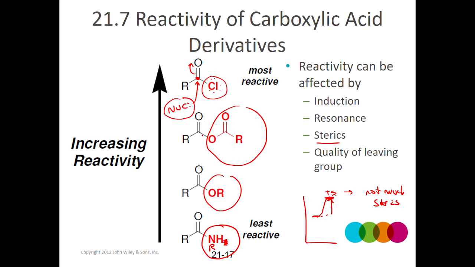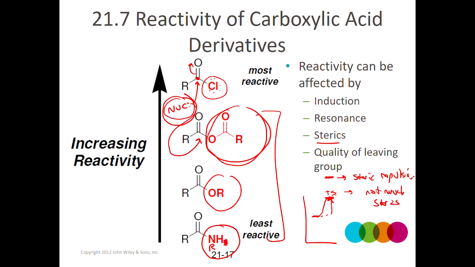It's not just going to block it, but if the nucleophile does attack, during the attack this electron cloud and this electron cloud get close and start repelling. That means the transition state for these three is going to be significantly higher because of the steric repulsion that occurs during the transition state, which makes it unstable.